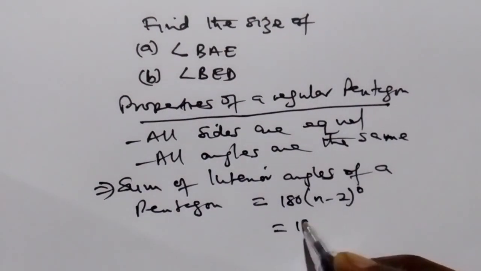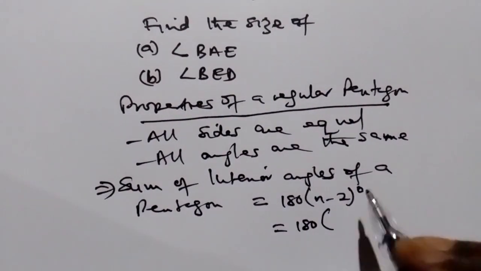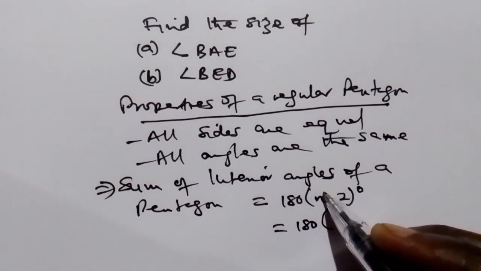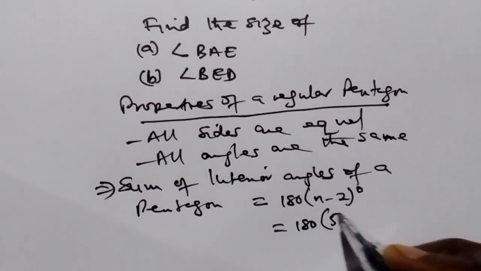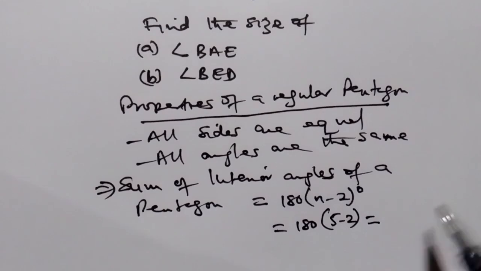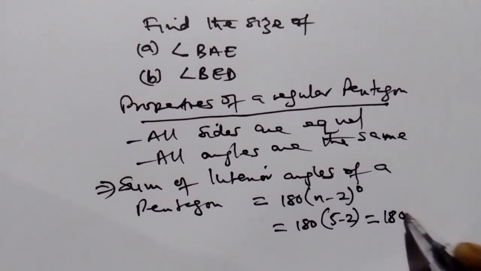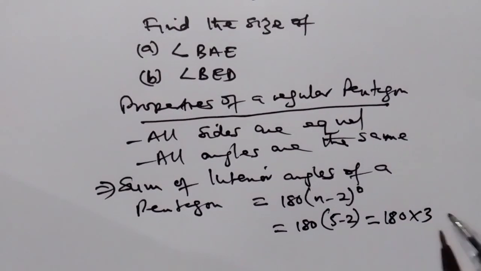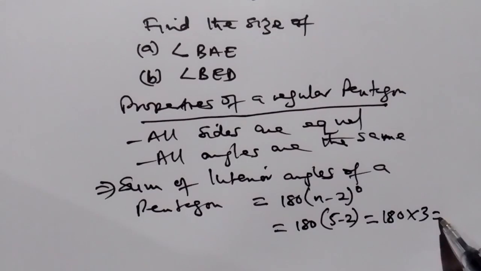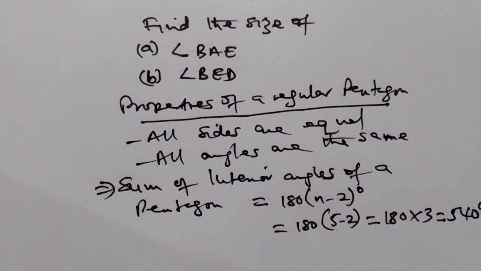It is given by 180 times (n minus 2), where n is the number of sides. So that is 5 minus 2, which is 180 times 3, which is 540 degrees.